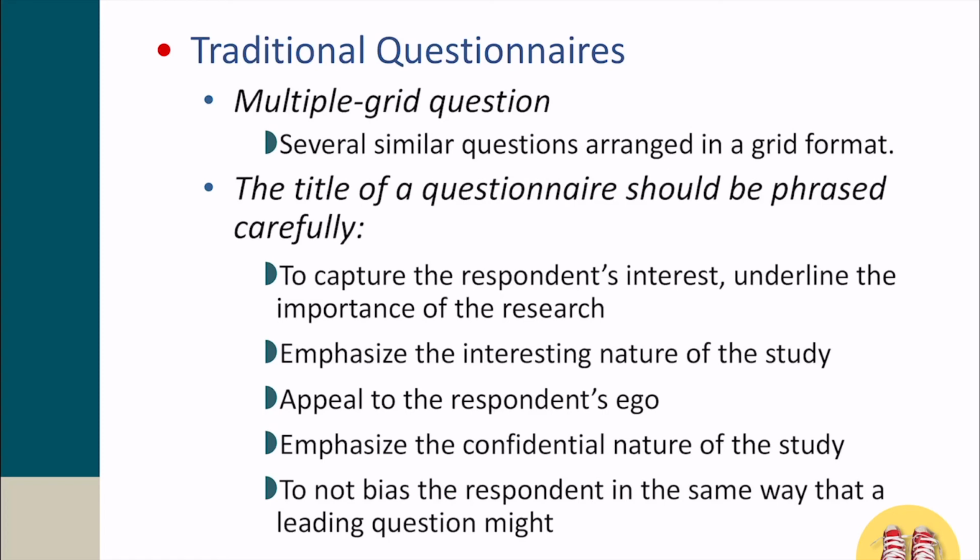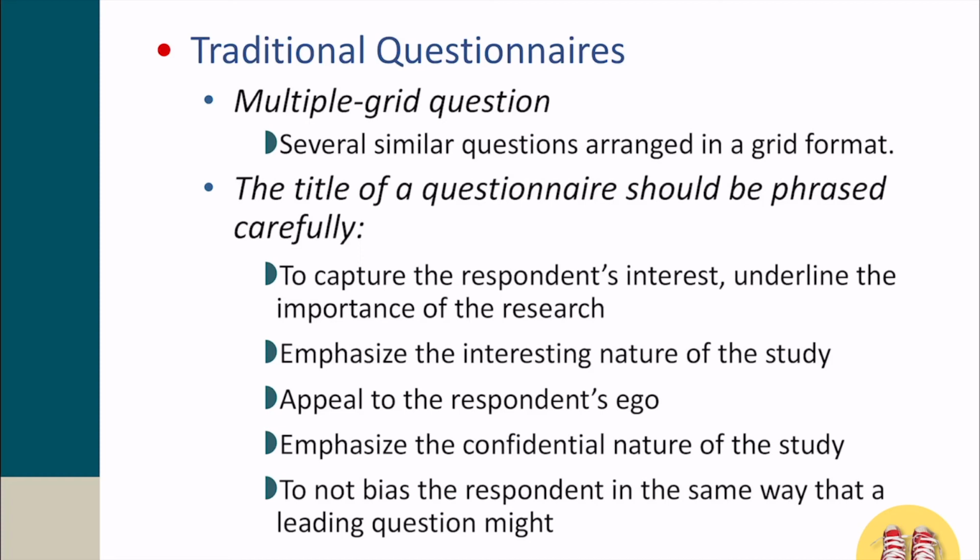Other than just being respectful and making them feel like they are valued and their response is valued, there's not a whole lot you can do on a questionnaire to really appeal to their ego. Emphasize the confidential nature of the study if it is confidential. If it's a market research study, it really doesn't matter if you talk to other people, but there are some studies that may be confidential.